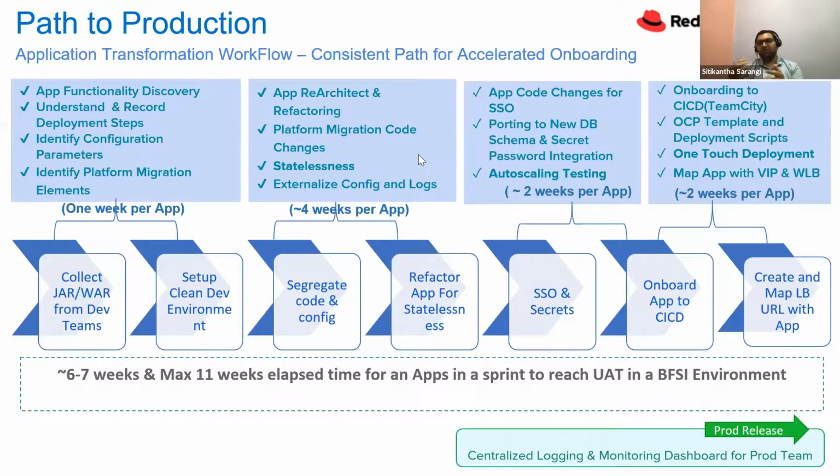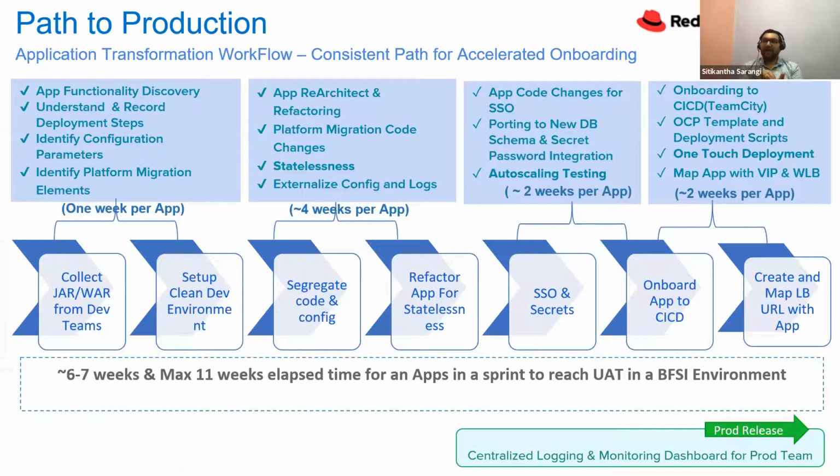Obviously you need to generate your application URL and map it with the existing load balancers, or the DNS service if it is internal, or any other external DNS providers or load balancer service providers. You have to see how the application flow happens and how the ingress flow is coming in, right?